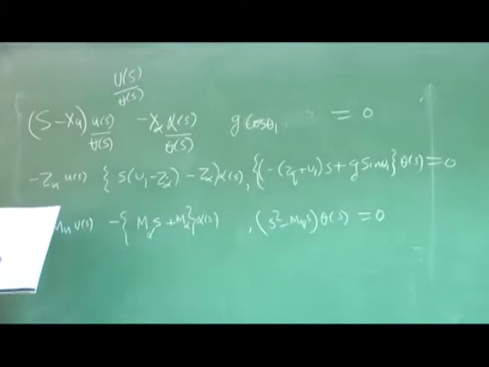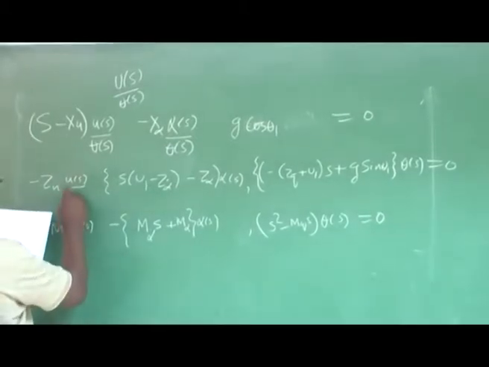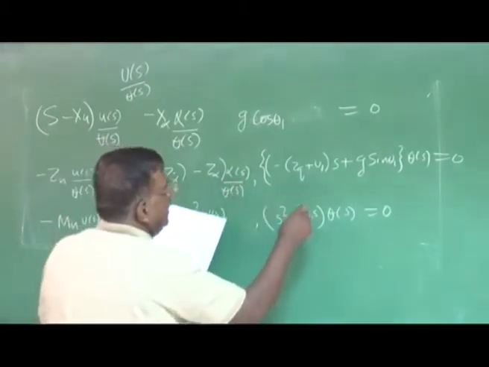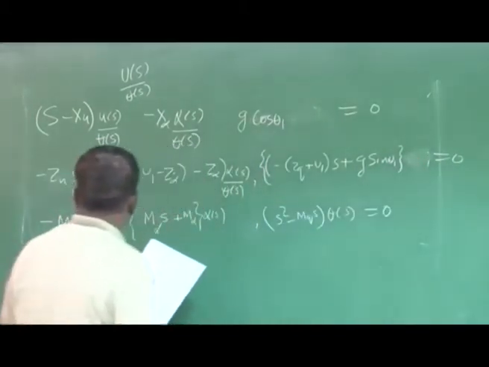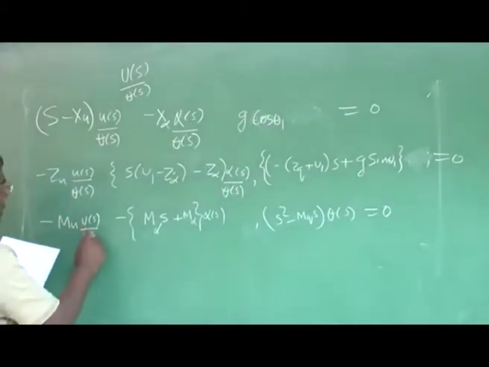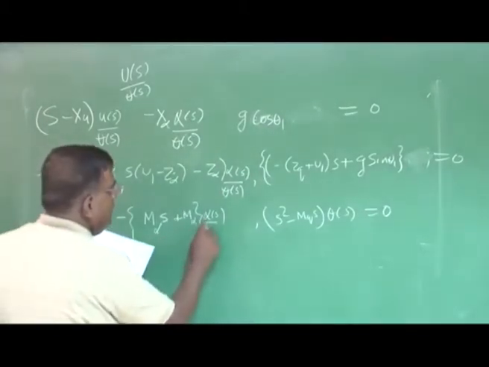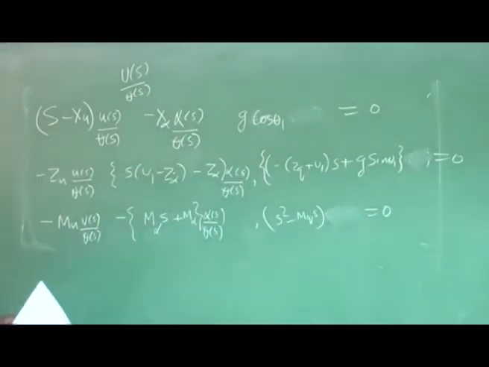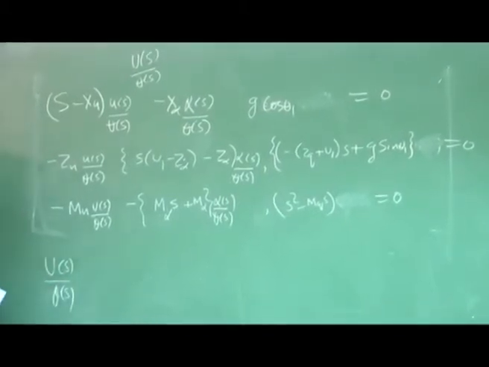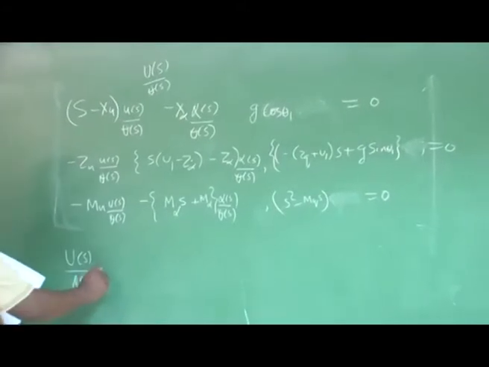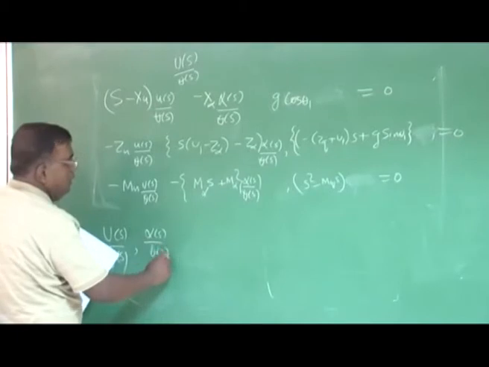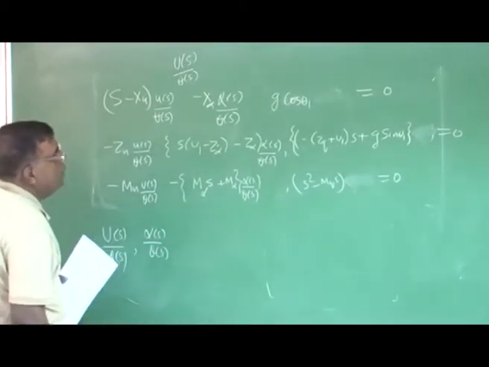Then the second equation, what will happen is Zu, alpha of s by theta of s, and here theta of s will go, and here u of s by theta of s, here alpha of s by theta of s, and this will go. So what I am looking for is these relative values in terms of magnitude and phase for u of s by theta of s, alpha of s by theta of s, and that's all. Okay?